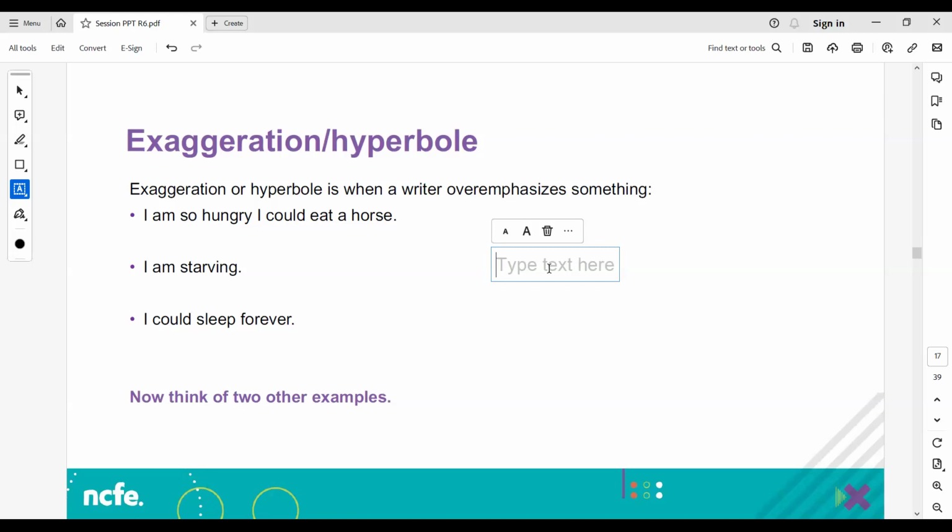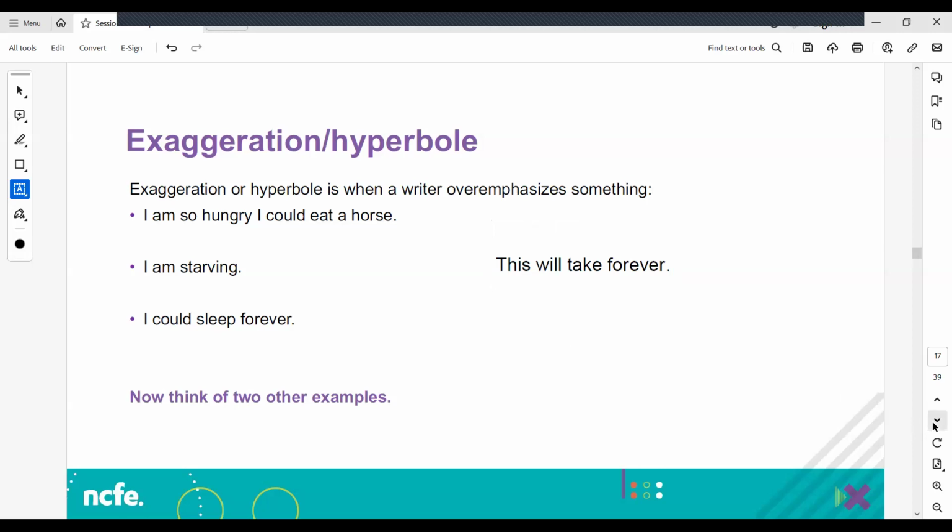This will take forever. Excellent, that's exactly what I was thinking. We know it won't really take forever, but this person has got a lot of work to do and it's going to take them a very long time. Again, it just adds interest to the text you're reading. It's just another device that might be used by the writer.